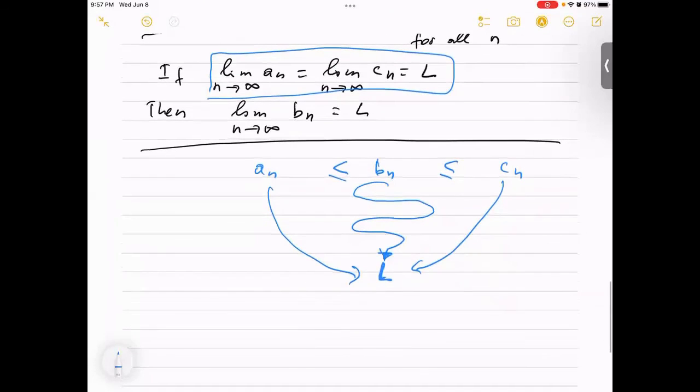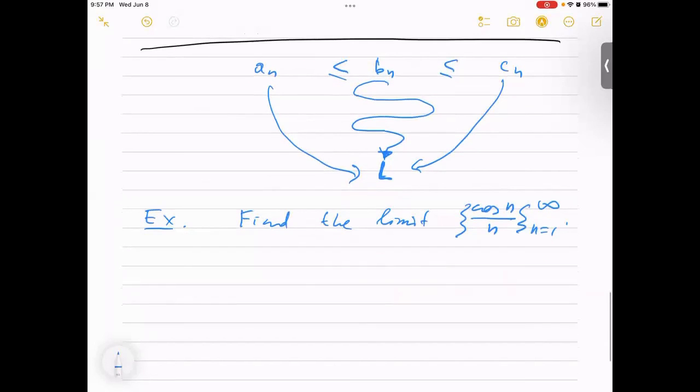Let me write down a quick example on the squeeze theorem. Find the limit of cosine n divided by n, with n from 1 to infinity. What you notice here is cosine n over n is going to be between -1 over n and 1 over n, since cosine is between -1 and 1.